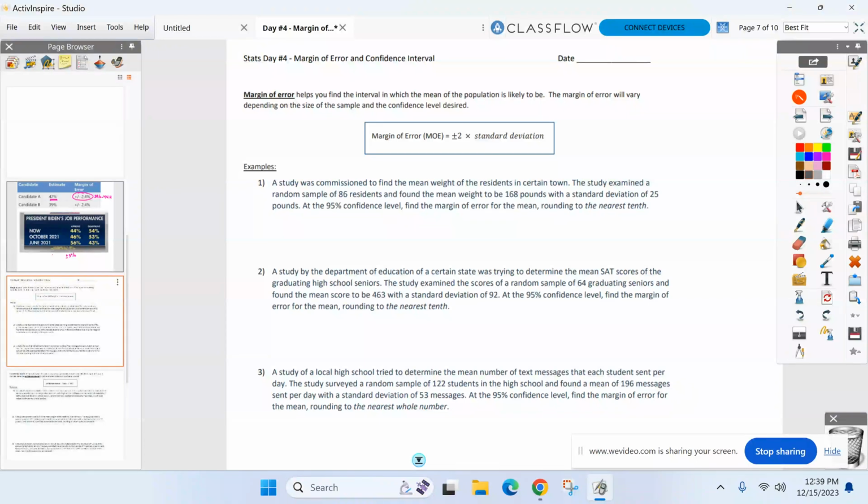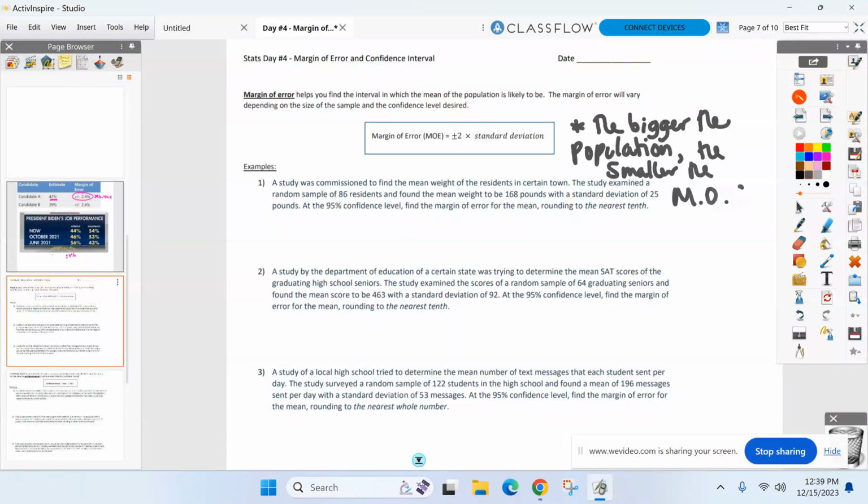And a little note I'd like you to make right next to it somewhere: the bigger the population, the smaller the margin of error. I'll start abbreviating it MOE.